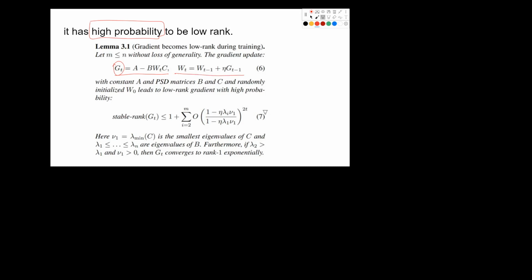This is the gradient descent algorithm, and the B and the C are positive semi-definite matrices. According to theorem 3.2, we can prove that the stable rank, which is the estimation of the rank of the gradient, will be less than this number.